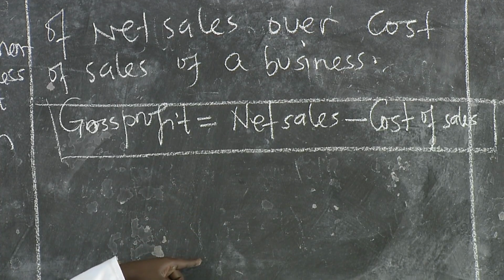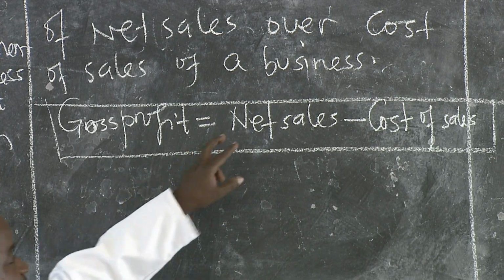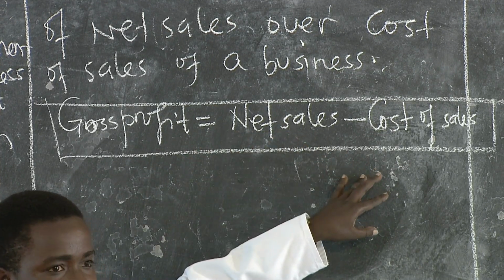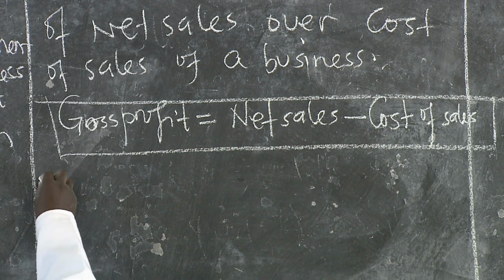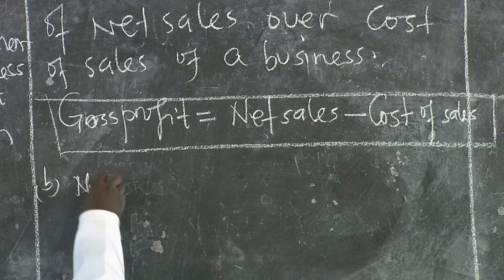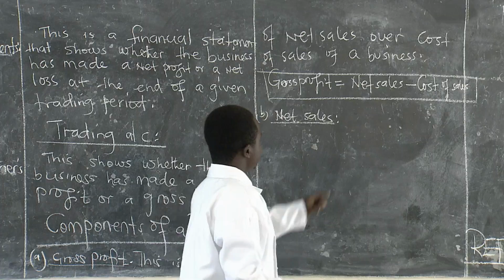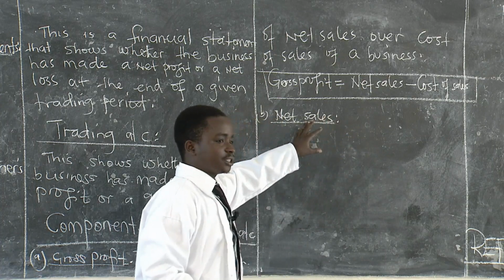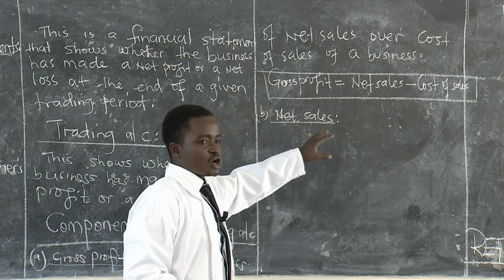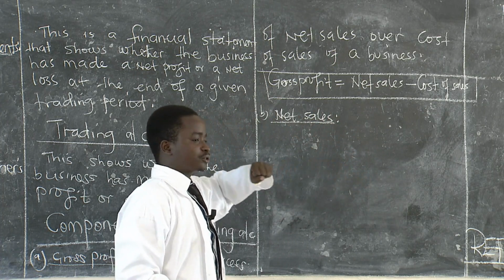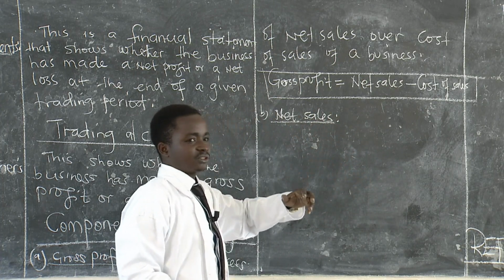What are sales? Here you must know what are net sales, what are cost of sales. So we have to look at net sales. We must exhaust this formula. You know that sales, this can be turnover. What you get out of the sale of goods and services.